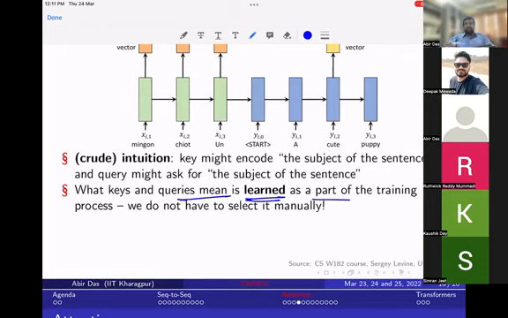That is the job of the model, this machine learning model. Whatever is required, you try to express in terms of key and query, and whatever is present, you express in terms of key, and then you compare. So we do not have to select it manually.